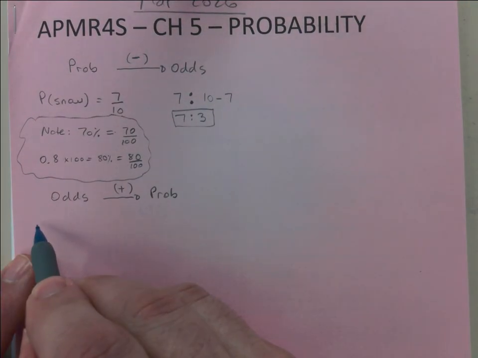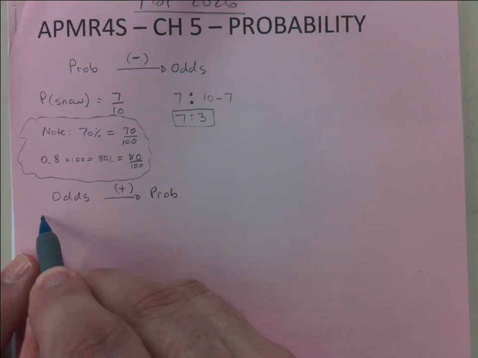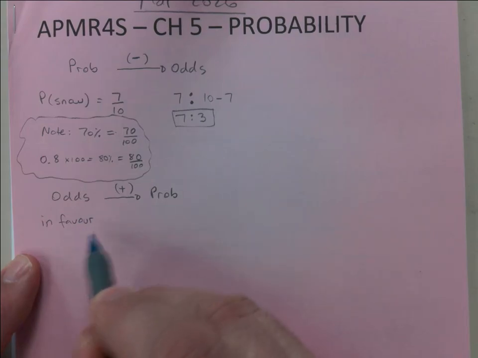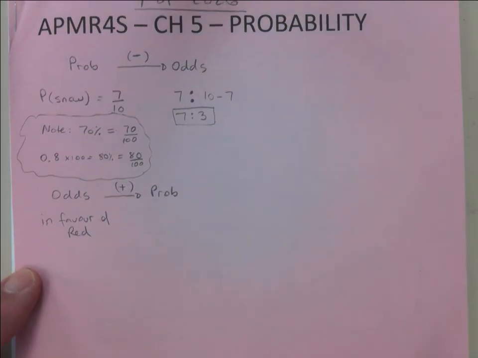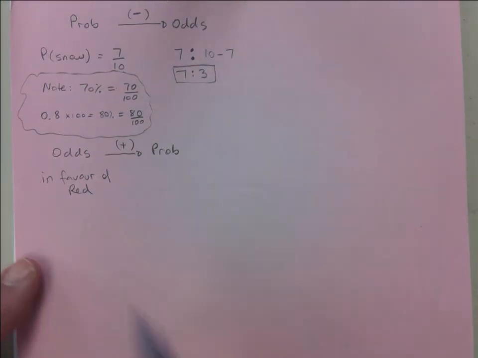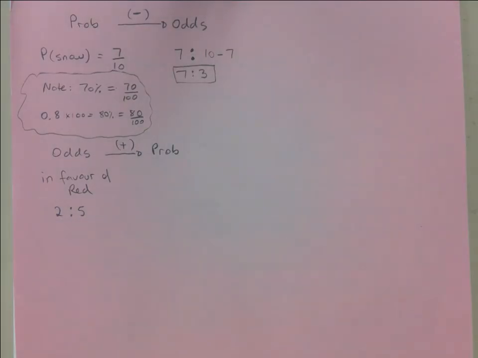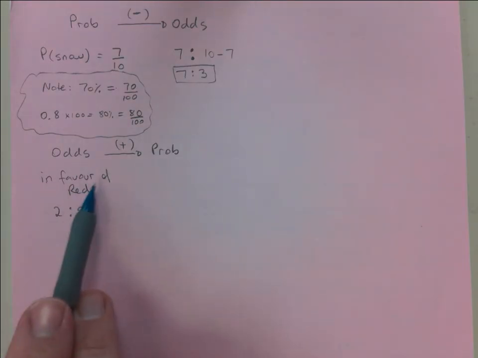So if it's in favor of red, let's say the odds in favor of red, let's say you have 2 to 5. I know this is maybe a very basic question, but what does that mean if it's in favor of red?